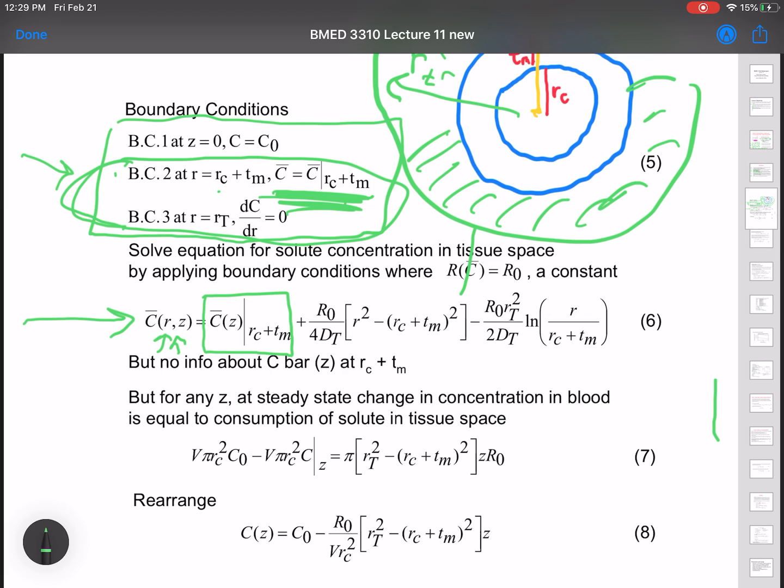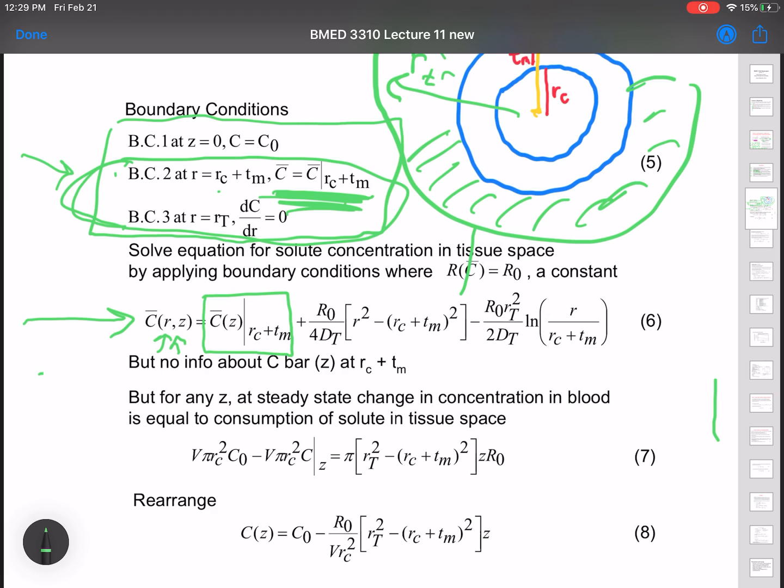Because the concentration of the solute in the blood decreases as you move down the axis, since it's being taken up by the tissue, there's less and less of it. So since there's less in the blood, there's less in the tissue right up against the wall.